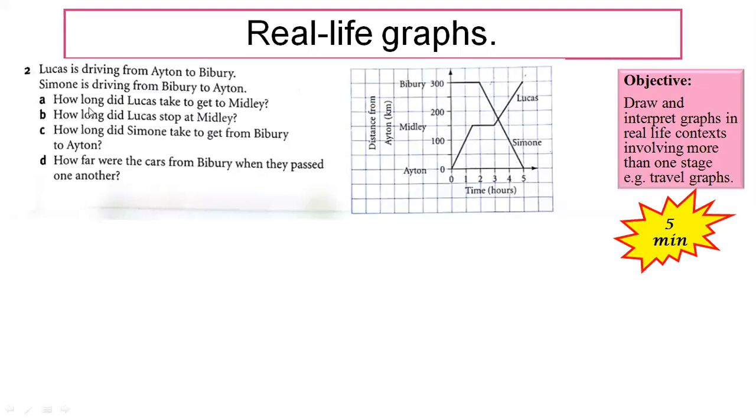It says, how long did Lucas take to get to Midley? So he started from Aiton. Why Bibury? We're not talking about this city. Oh, okay, we start from here. Okay, so it's 0 and he reached it there. If you look at the x-axis, it's between 1 and 2. So 1 hour and a half.